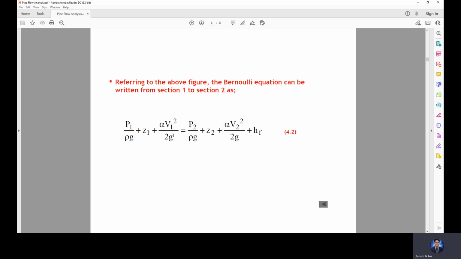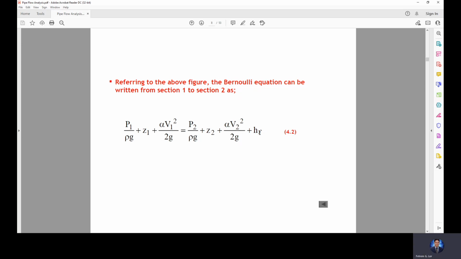If the pipe has the same diameter, V1 and V2 are equal, because with the same diameter and no leakage between point 1 and point 2, we can say that Q at point 1 is equal to Q at point 2. If they have the same area, V1 and V2 are just the same. Anyway, this is the general equation. Aside from elevation, pressure, and velocity, we have head loss added at point 2.